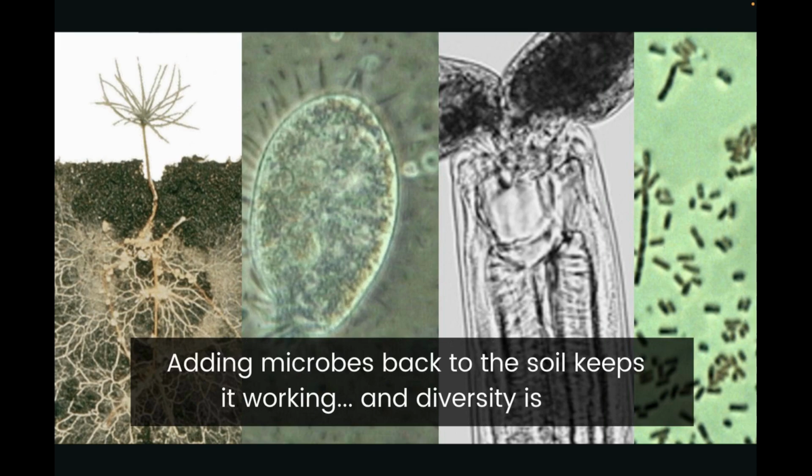So adding microbes back to the soil keeps it working, and we have the diversity because you don't always know what's missing in the soil. We know so little as a society about our soil. We actually know more about the universe and celestial beings than we know about all the soil food web, which is crazy to think about, because we think that, hey, because we're in contact with it and we can touch it, that we know more about it.